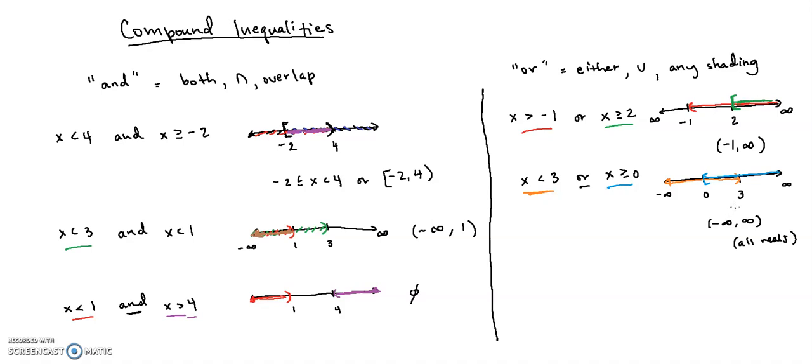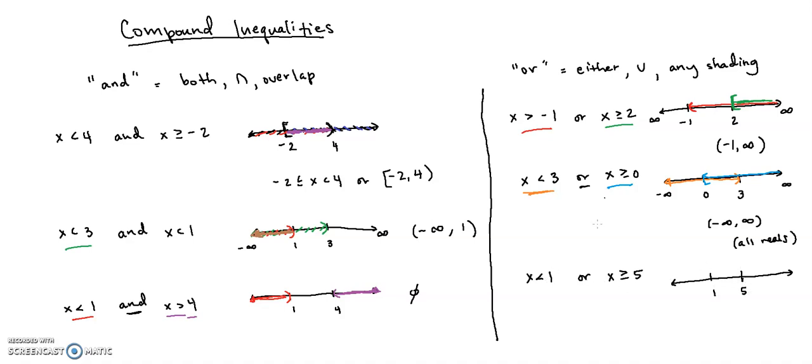Okay, so that's the basic idea with, well, there's one more combination we can do for or. Let's do, let's see, x less than 1 or x greater than or equal to 5. We got one more combination we can do. All right, so here's 1, here's 5.